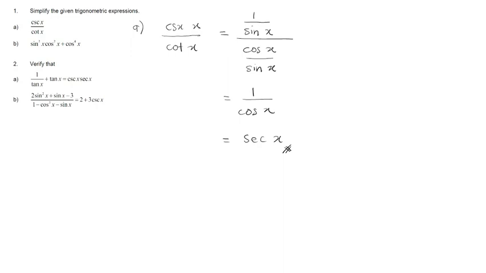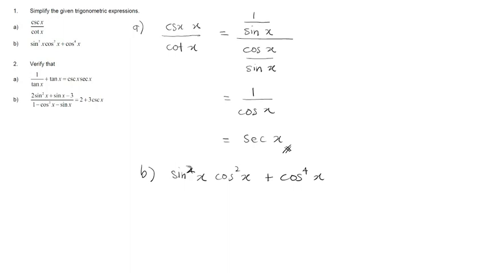For B, we have sine squared x cos squared x plus cos squared x.